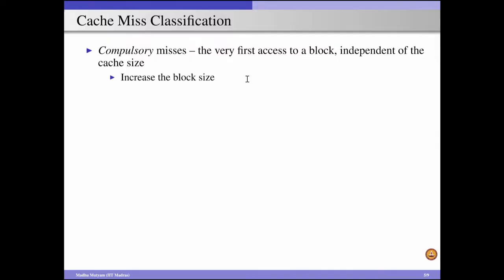The number of compulsory misses is independent of the cache size. Even if you consider a 32 KB cache, 64 KB cache or 128 KB cache, these compulsory misses will be the same. Only one way you can reduce these compulsory misses, and that is by increasing the block size.